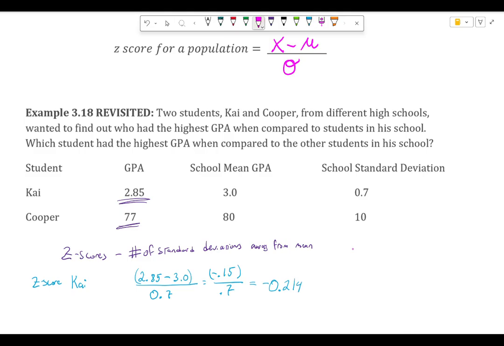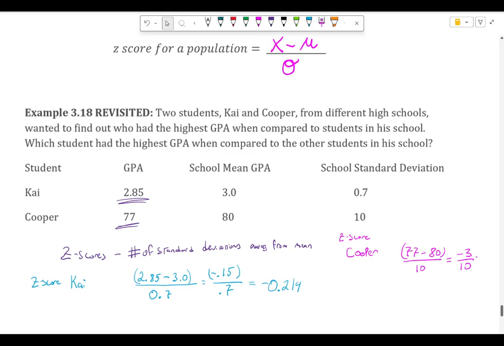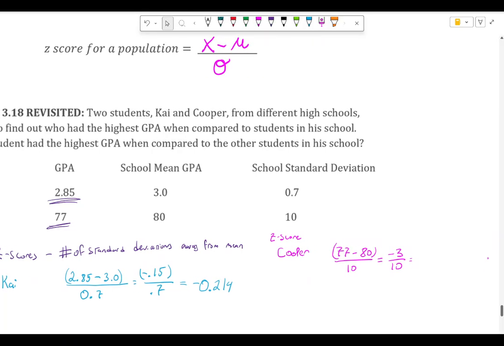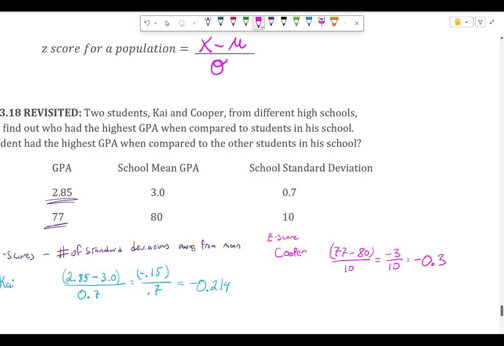For Cooper, we can do the same thing. The z-score for Cooper would be 77 minus 80 over 10. Again, if you're doing this in the calculator, make sure you put the top in parentheses. You do the deviation first. This would be negative 3 over 10, which equals negative 0.3.